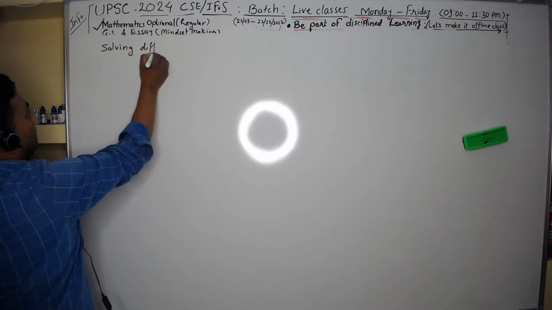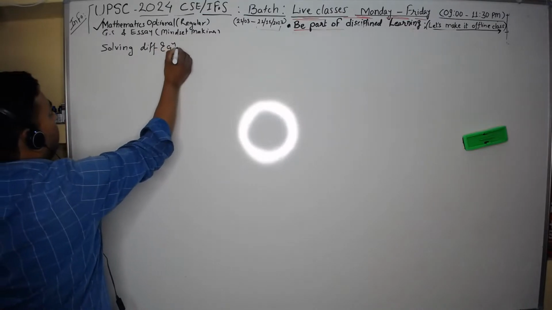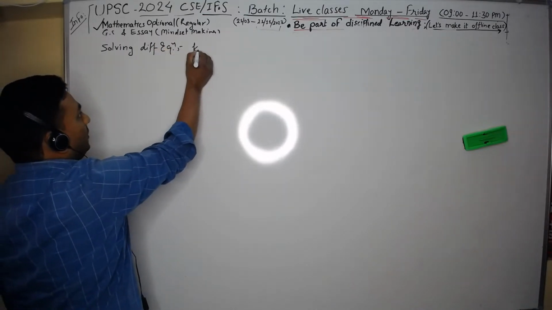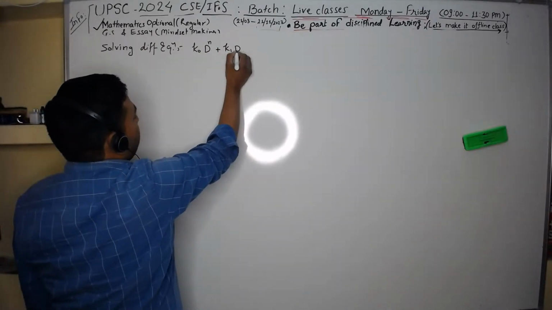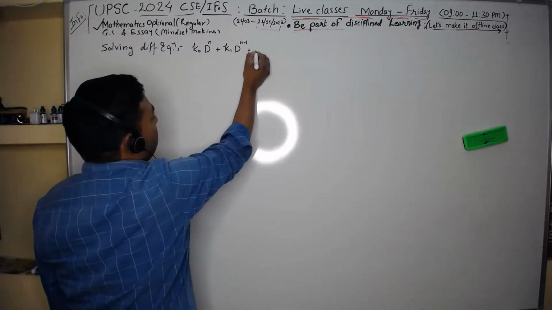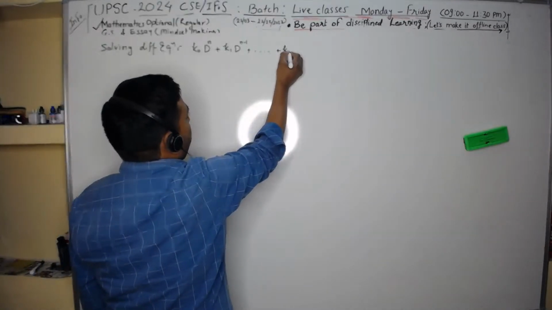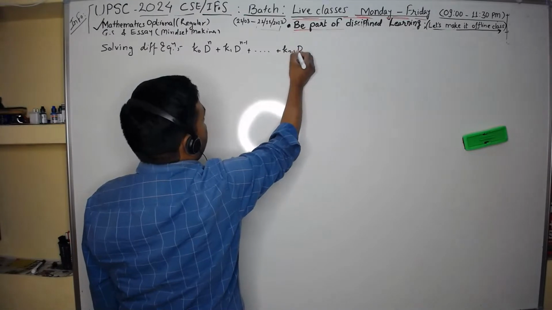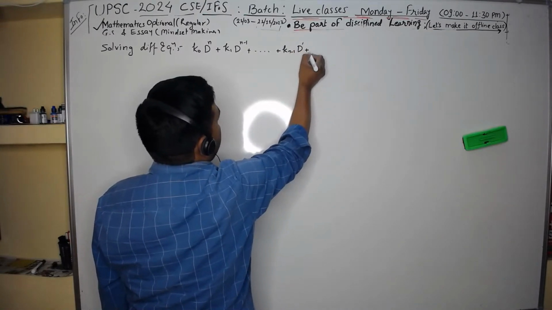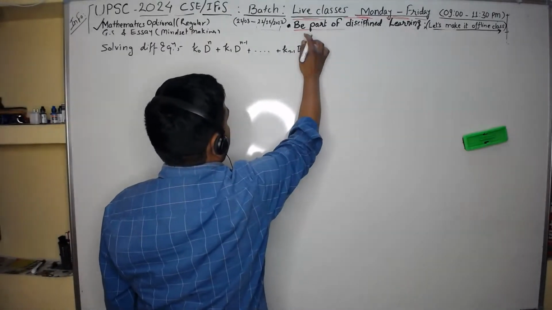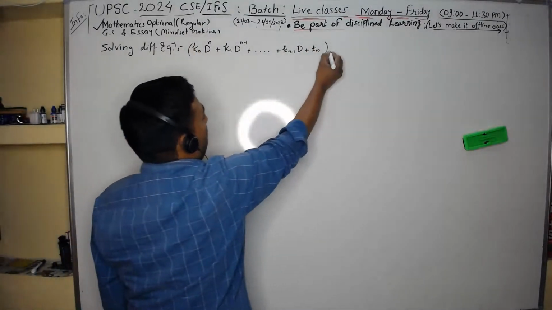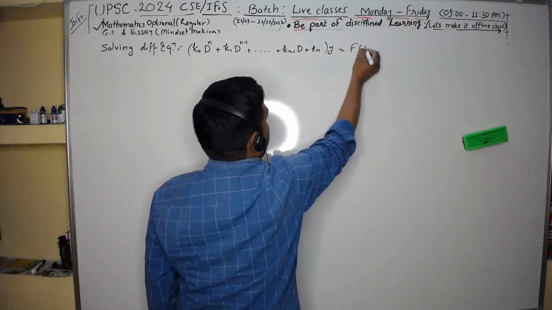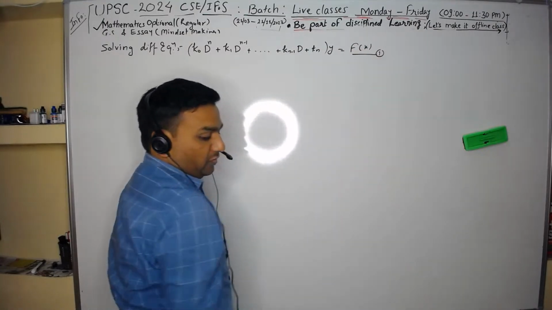So this is the class on solving differential equations: k naught D raised to the power n plus k1 D raised to the power n minus 1 plus ... plus k(n-1) D dash plus kn, operating on y, equals some function of x.